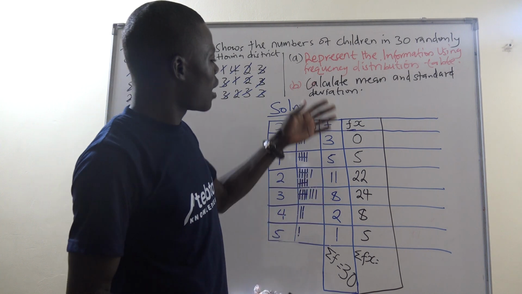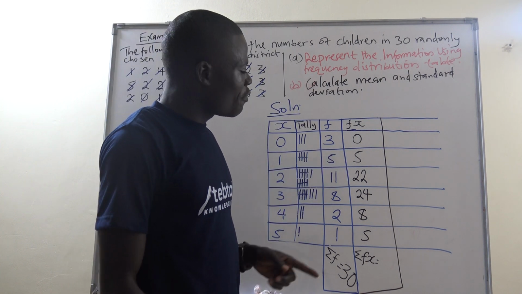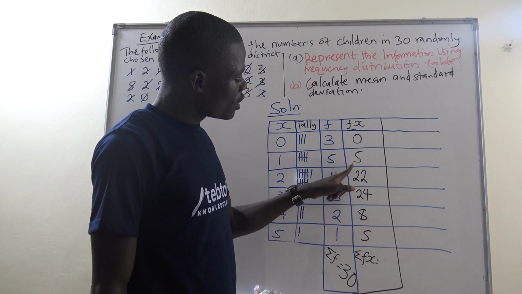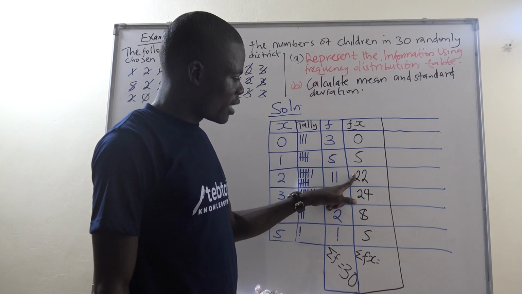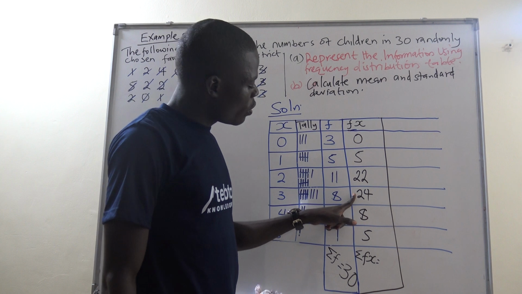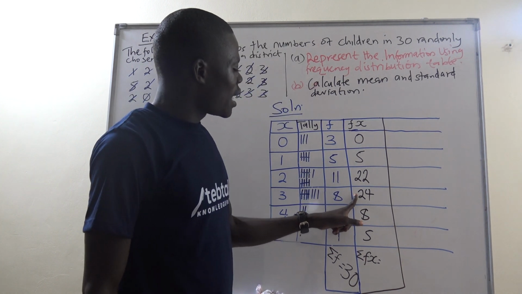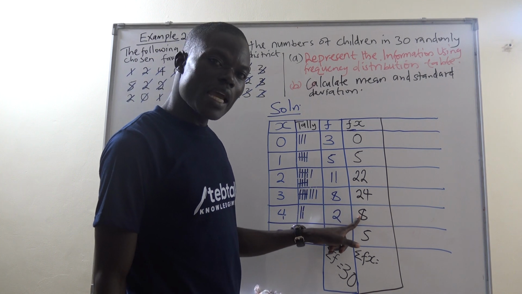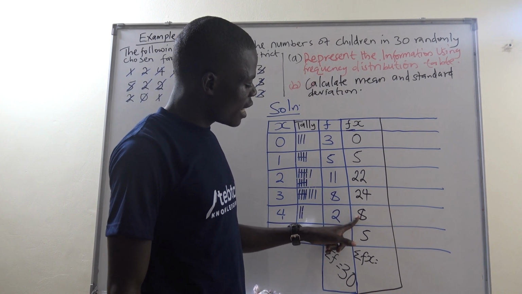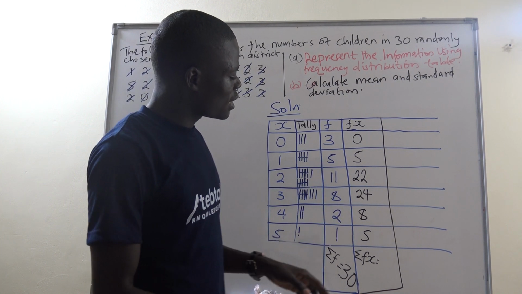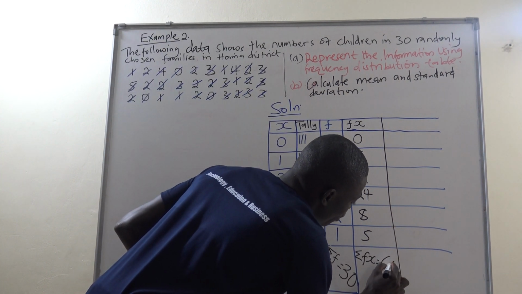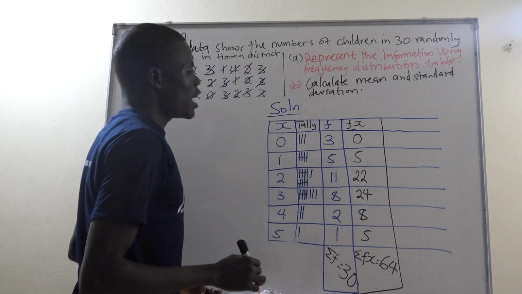Let us add 0 plus 5 shall have 5. Then 22 plus 5 shall get 27. 27 plus 24, we shall get 51. 51 plus 8, we shall get 59. 59 plus 5, we shall get 64.